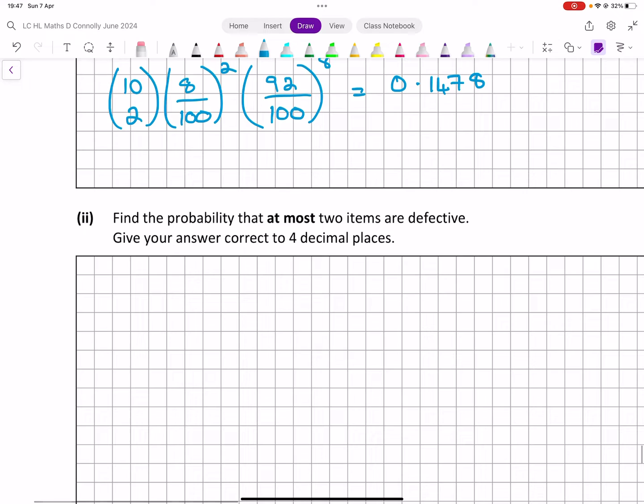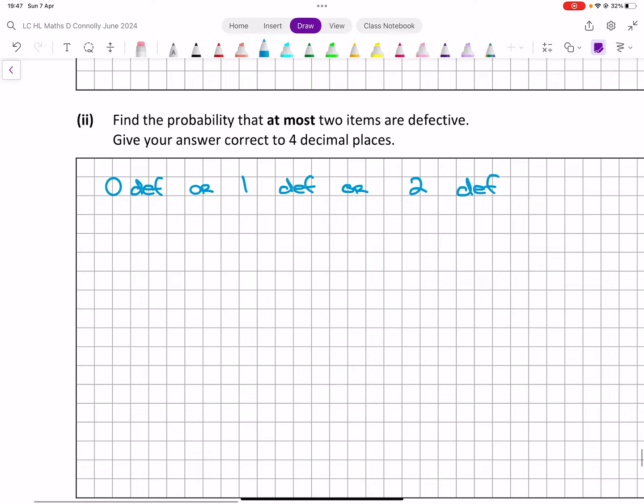Find the probability that at most 2 items are defective. So that's 0 defective, or 1 defective, or 2 defective. So same thing, we just have to do it 3 times. Well, 1 is already done. So we've 10 and we want none to be defective. Probability of being defective is 8 over 100 and we want none of them.